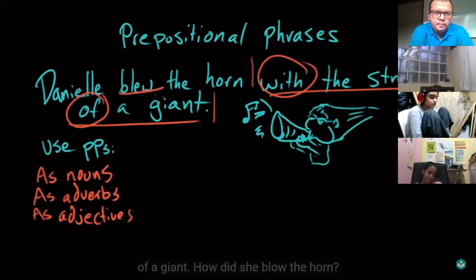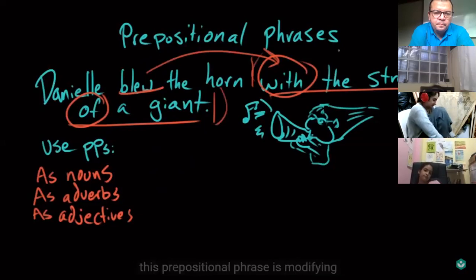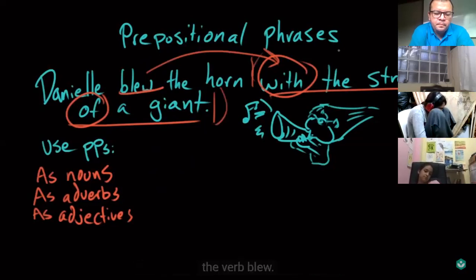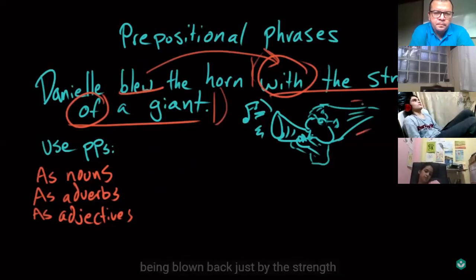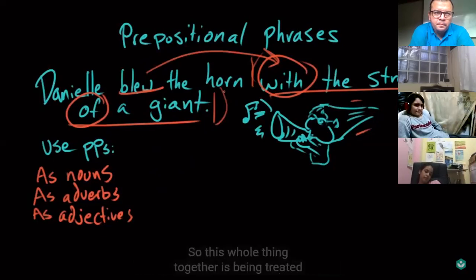How did she blow the horn? With the strength of a giant, right? So with the strength of a giant, this prepositional phrase is modifying the verb blew. You can really see her hair is being blown back just by the strength of this. So this whole thing together is being treated as an adverb.